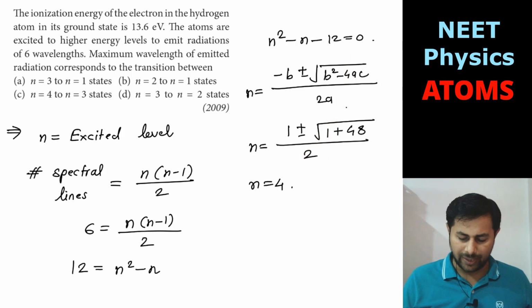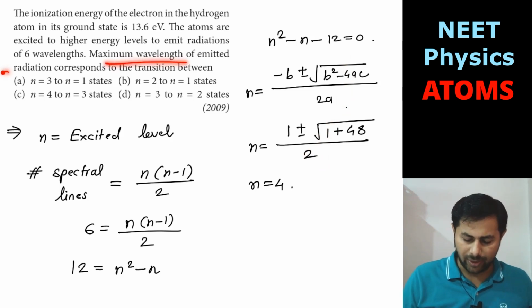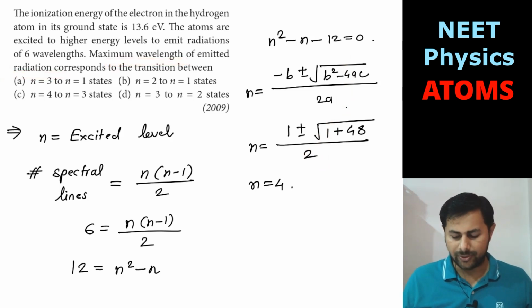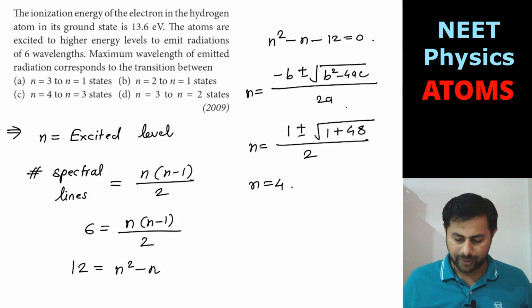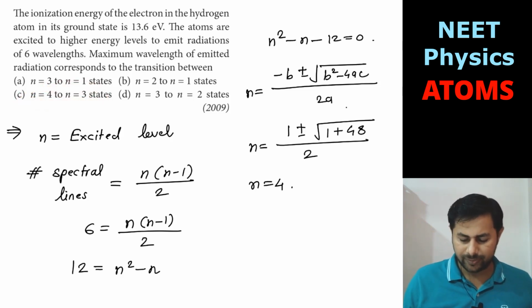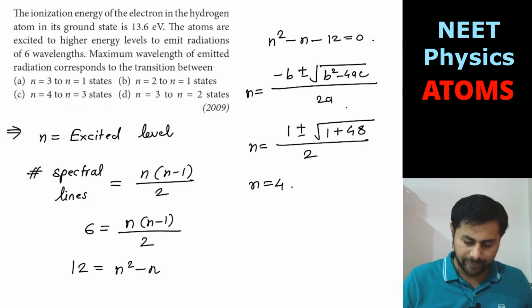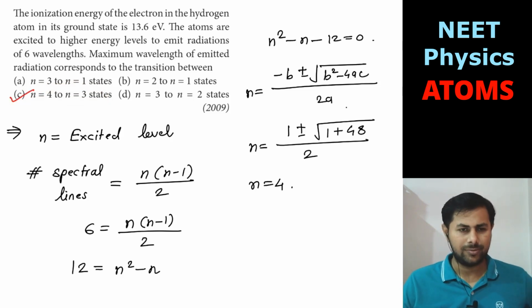Then if it goes to n equals 4, the maximum wavelength of the radiation corresponds to the transition between... Maximum wavelength means the energy is minimum, so that is the nearest transition: n equal to 4 to n equal to 3. This one would be the maximum wavelength, right? Everyone?